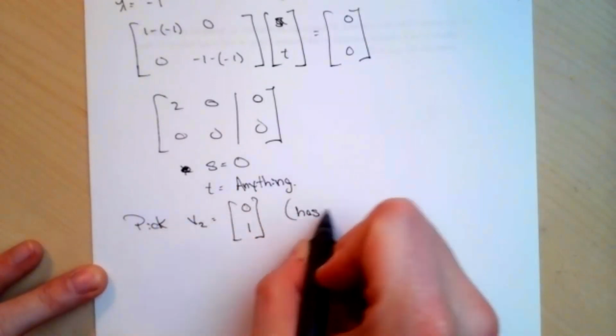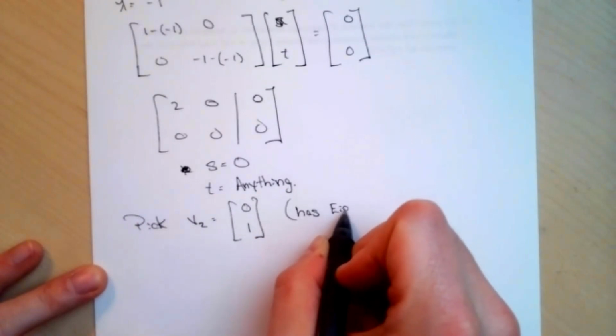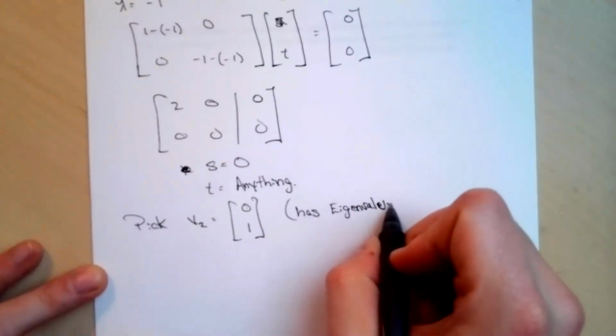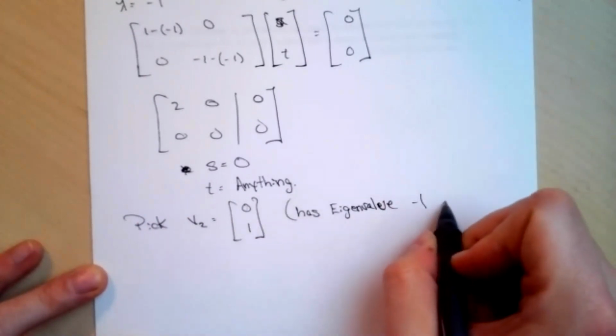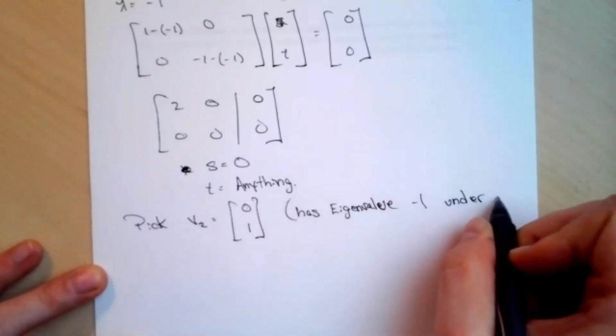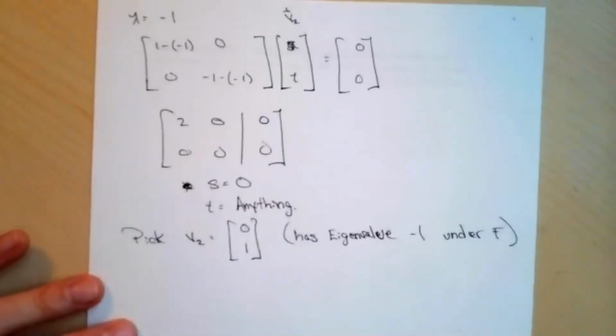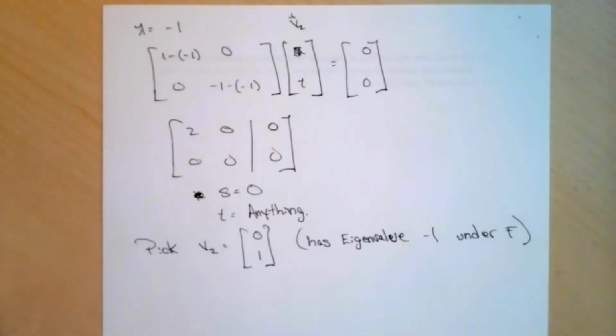And we know that this will have eigenvalue -1, corresponding to our transformation. Questions on that?